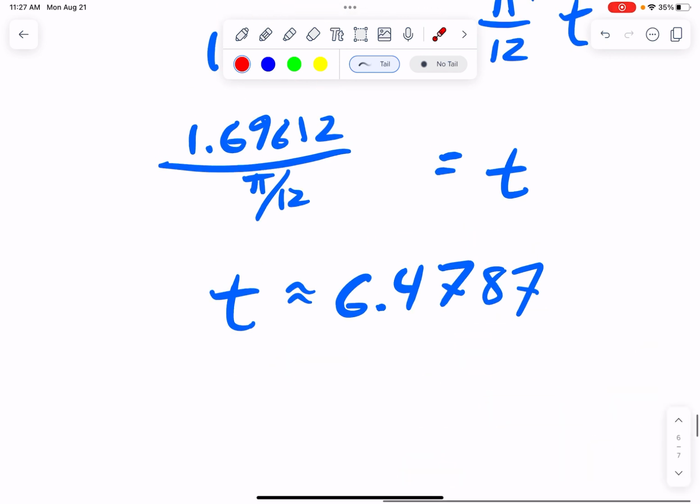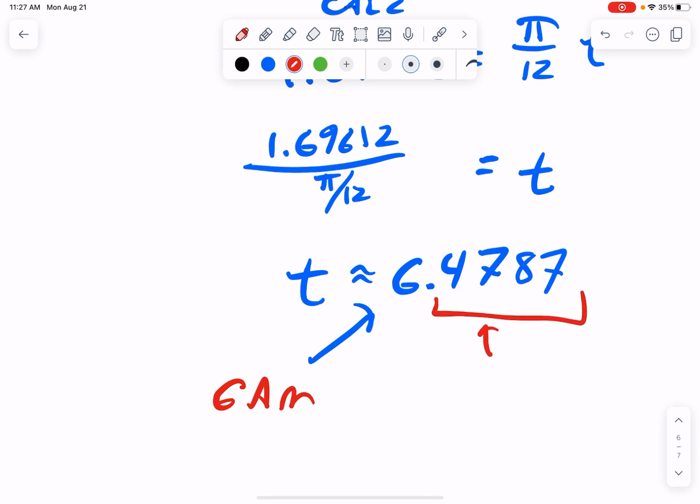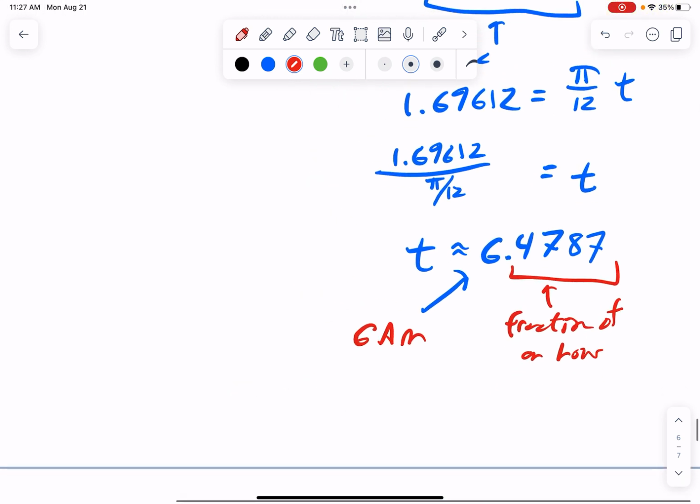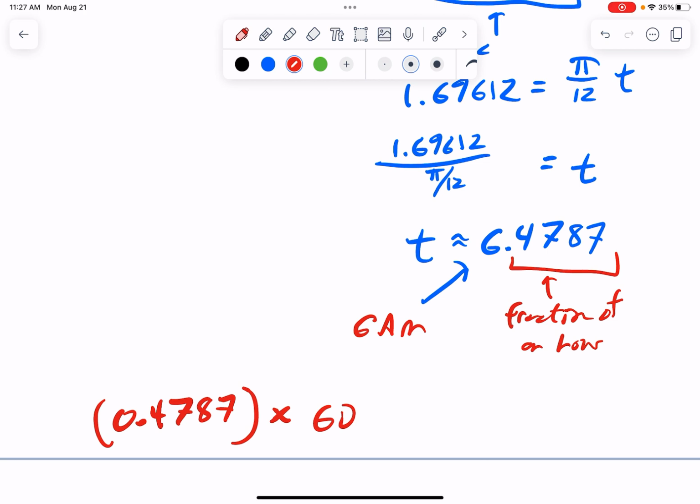So this means 6 a.m. And then this represents some fraction of an hour. And usually fractions of an hour we express in minutes. So what you could do is say, that part times 60 would tell me how many minutes. What fraction of 60 minutes do I have there? So this will give us an answer rounded to a minute.